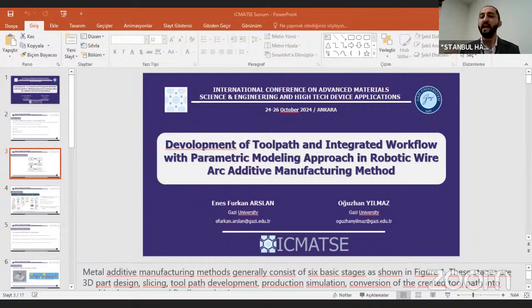In this study, the KUKA KR16 ARC robot was selected as the industrial robot arm. And the necessary deposition parameters are presented in table 1.